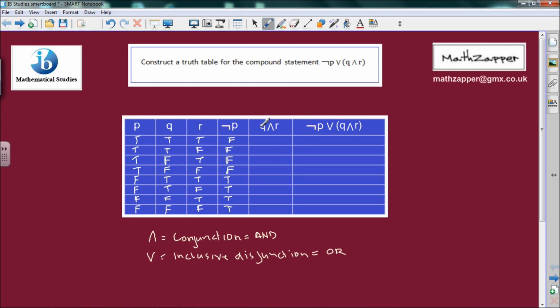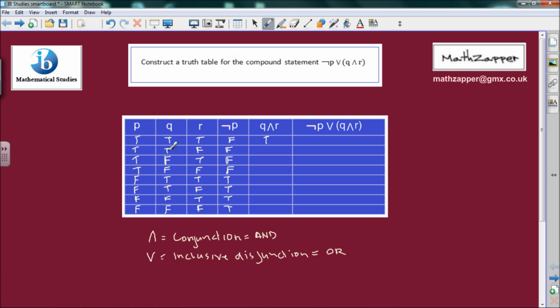Now on the next one, we've got Q conjunction R. Conjunction means "and". If it's true in Q and true in R, then it's true in this column. If not, it will be false. So Q is true and R is true, so this compound statement is also true.